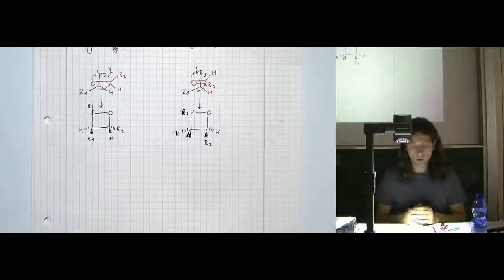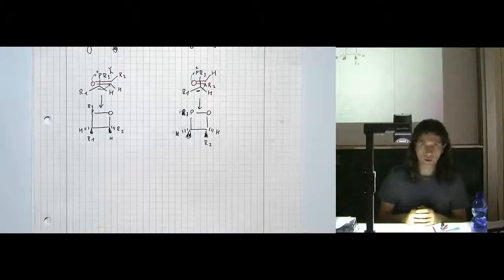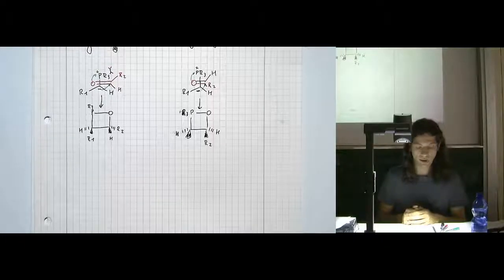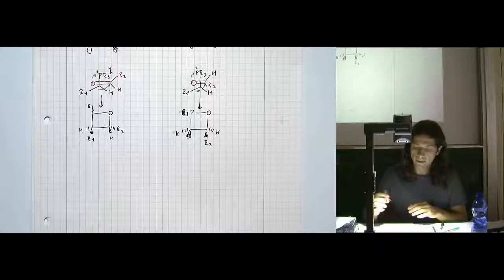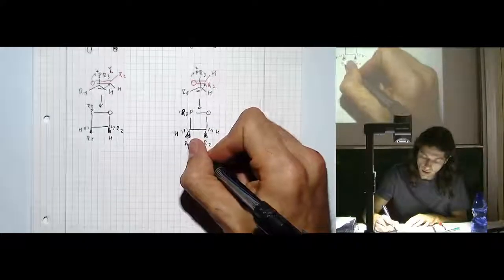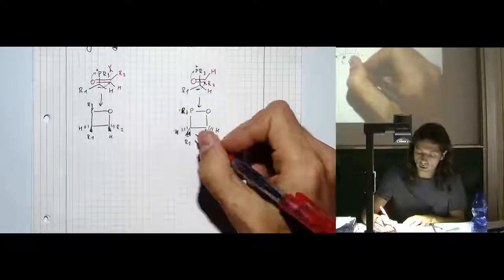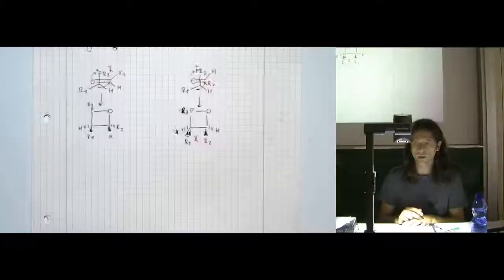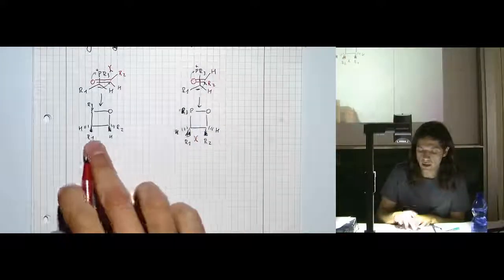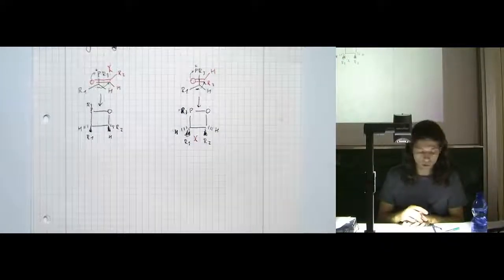Kinetic control gives rise to the product, which is not as stable as the one we can get from thermodynamic control. We can see here, for example, I forgot one here. We can see that this product, of course, has more steric hindrance than this one here that has a hydrogen, and then there is much lower steric hindrance.